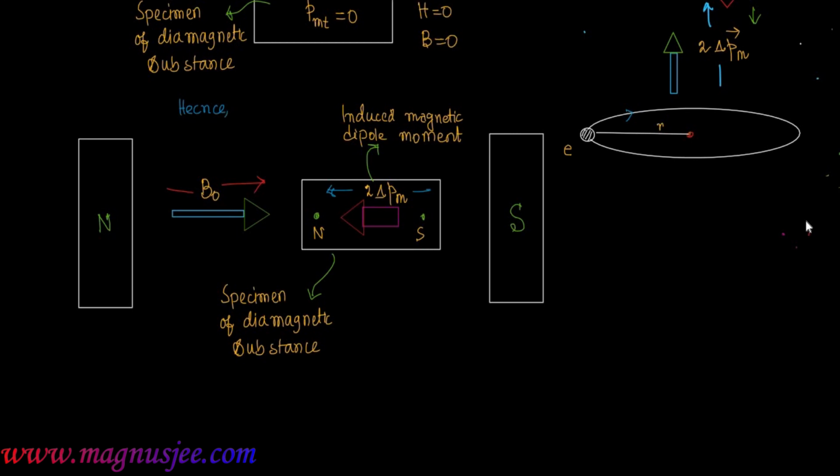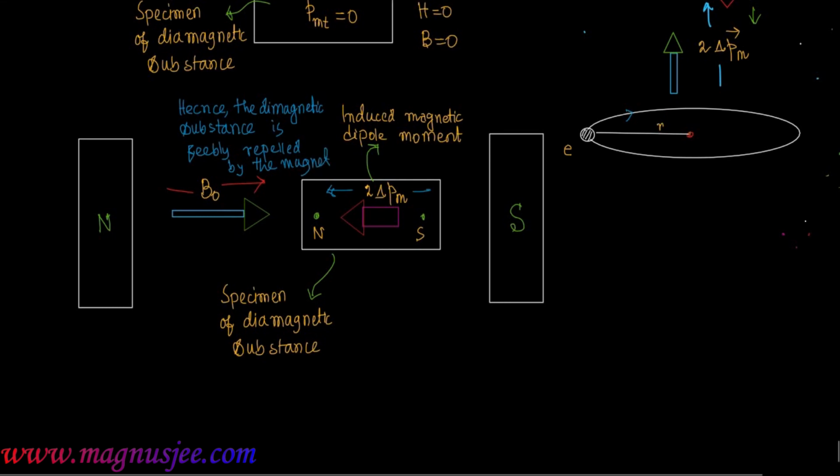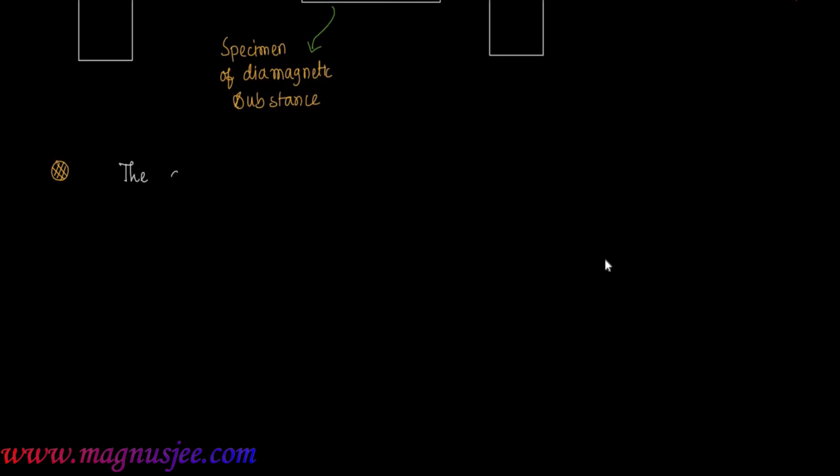Hence, we can say the diamagnetic substance will be feebly repelled by the north pole and south pole, or feebly repelled by the magnets.